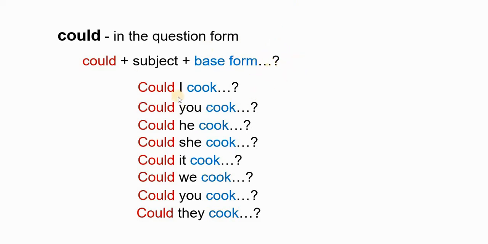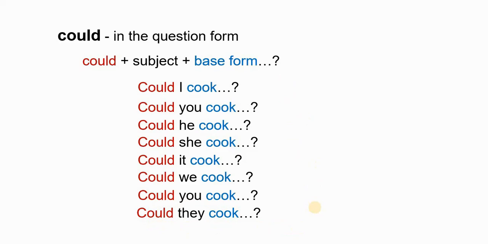So, could I cook? Could you cook? Could he cook? Could she cook? Could it cook? Could we cook? Could you cook? Could they cook? Alright, so that's the form.